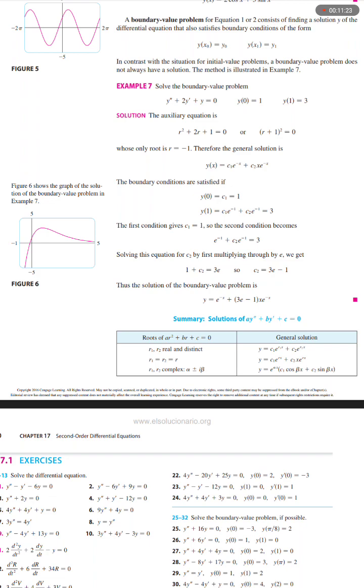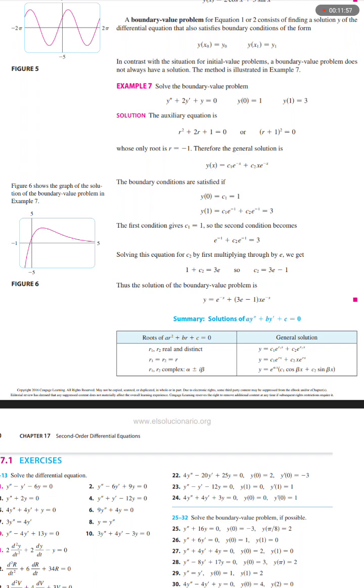First row: the roots of a r squared plus b r plus c equals 0, r sub 1 and r sub 2, are real and distinct. General solution: y equals c sub 1 times e to the power r sub 1 x plus c sub 2 times e to the power r sub 2 x.